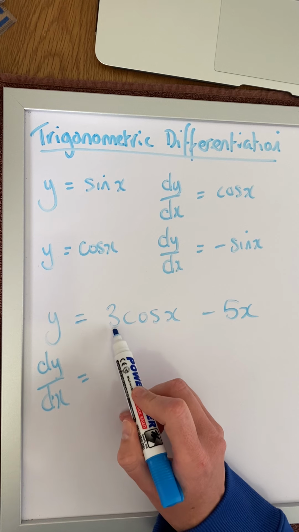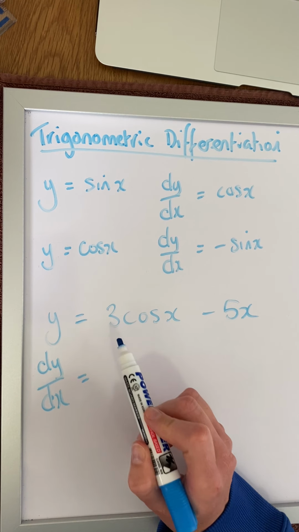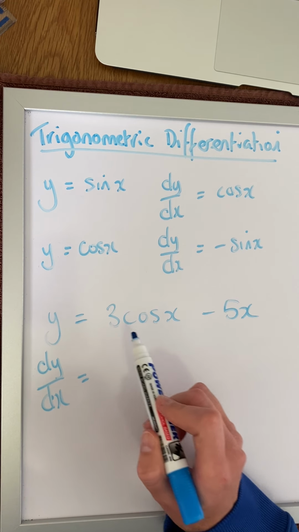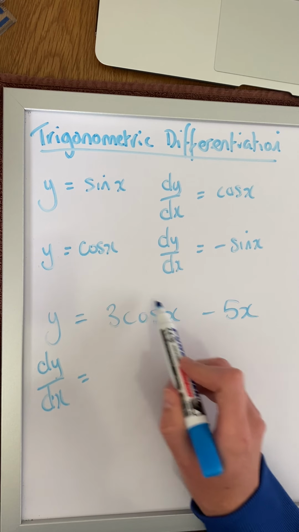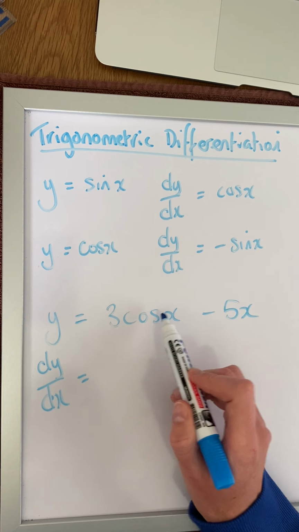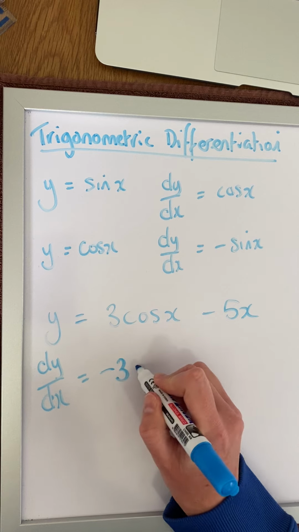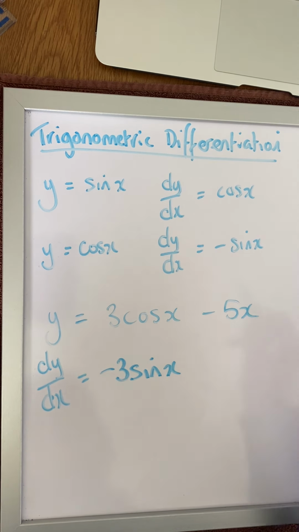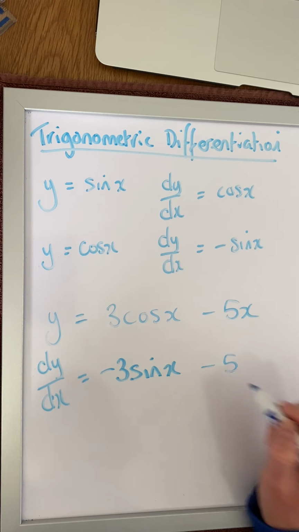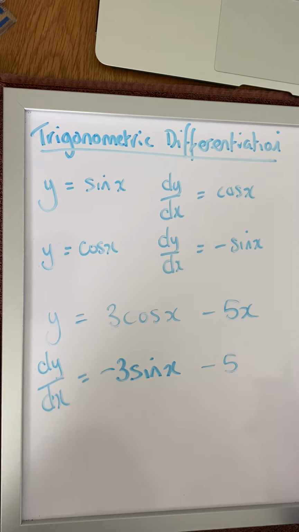The 3 in front of the cos x is just a constant. It's not going to affect the derivative. So the derivative of this section here, the 3 cos x, is simply minus 3 sine x. And then we differentiate minus 5x as normal, so that becomes minus 5. So that's a basic example of introducing our trig differentiation.